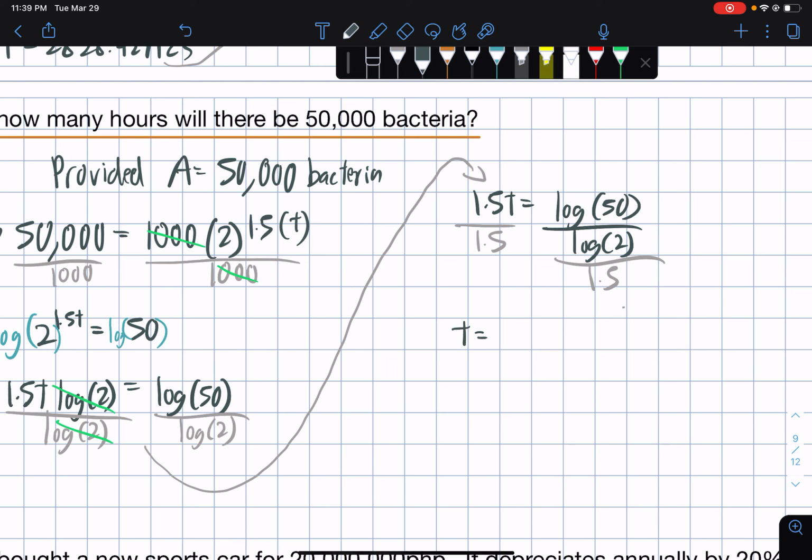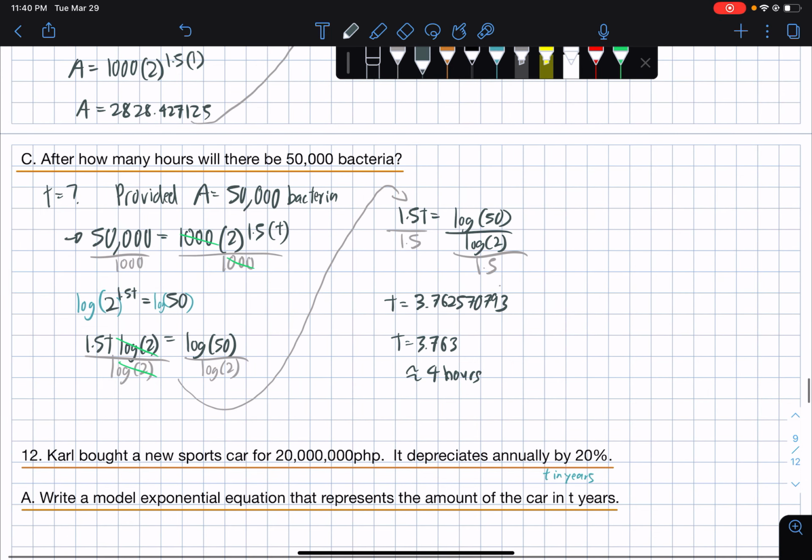T is equal to 3.762570793. T is equal to 3.762 or 763, approximately 4 hours, I think. Yeah. There will be 50,000 bacteria in 4 hours. Almost 4 hours.